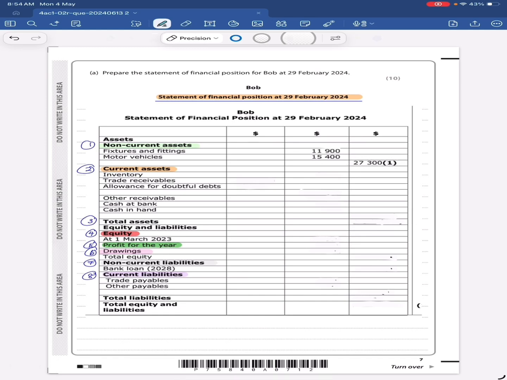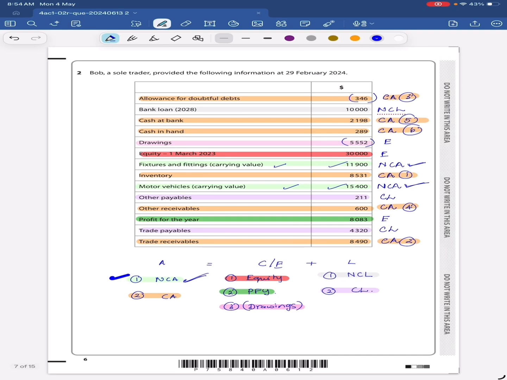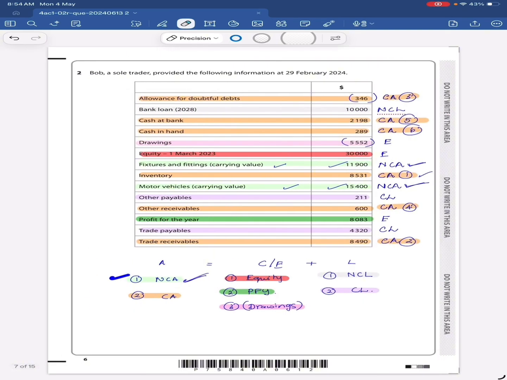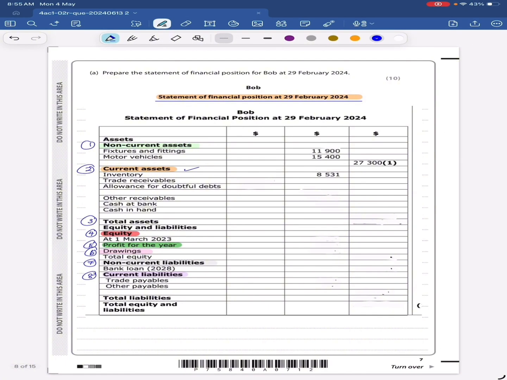Now let's complete the current asset section. Going back here, you should remember that the current asset should be written based on the liquidity basis. So you have inventory 8531, that should be the first. Followed by that, trade receivables, which is this, under current asset 8490.